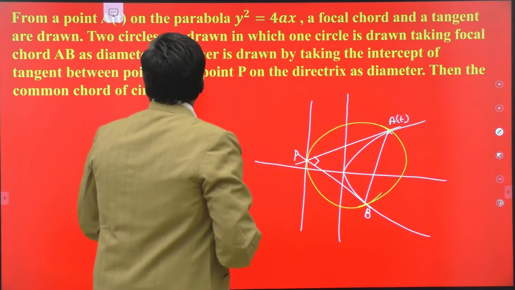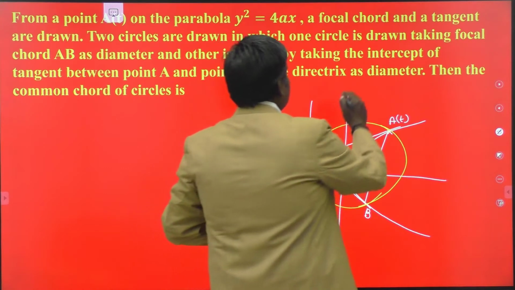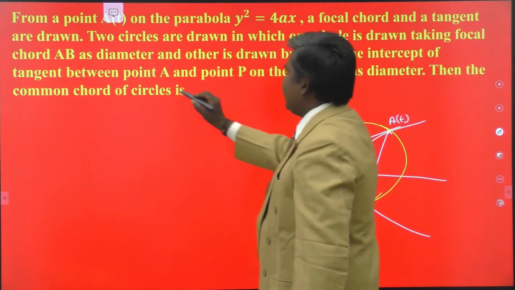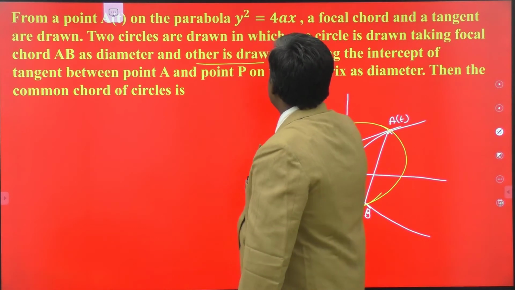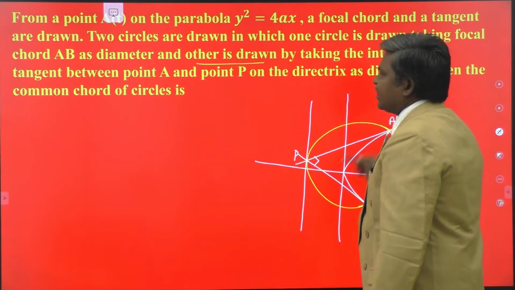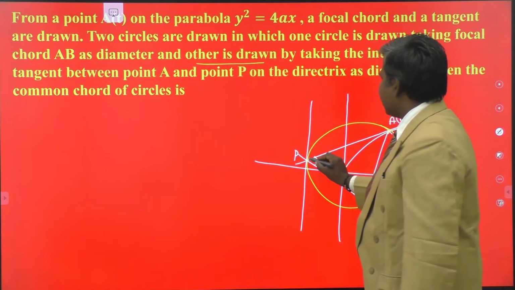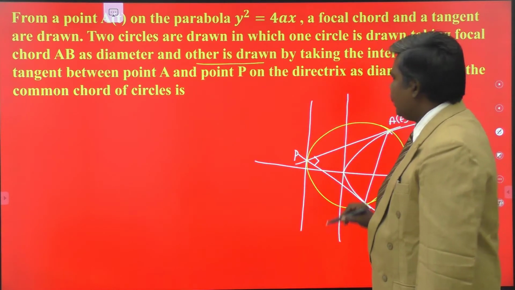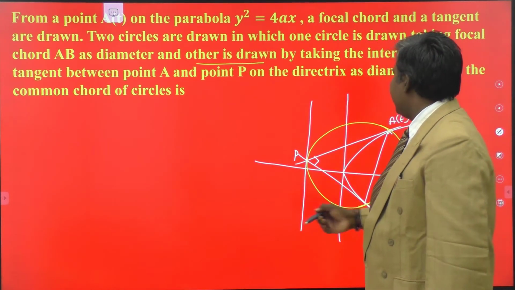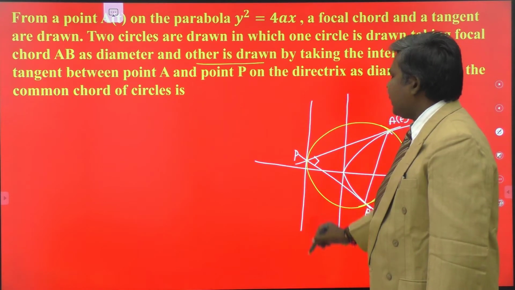Next circle is what? One circle is drawn taking the focal chord AB as diameter, and the other is drawn by taking the intercept of the tangent between the point A and point P on the directrix. This is the point of intersection of the tangent drawn at A(t) with the directrix.